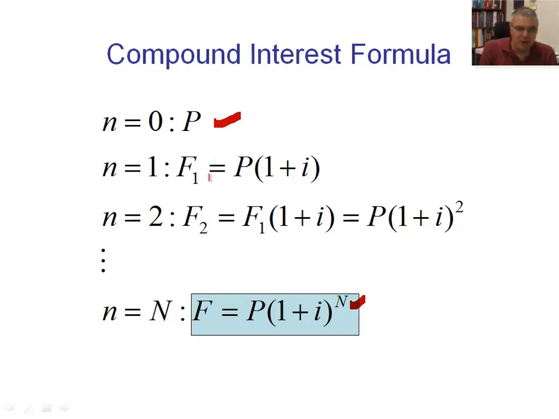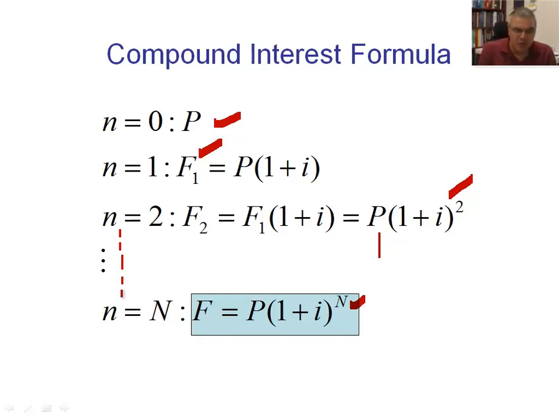P is the present worth of the money. At the end of year 1, we call the future worth F1, which is P multiplied by (1 + i). For n = 2, F2 would be F1 times (1 + i), or P multiplied by (1 + i) to the power 2, and so on. If we continue this n times, as n gets larger, the power of (1 + i) keeps increasing by the number of n.